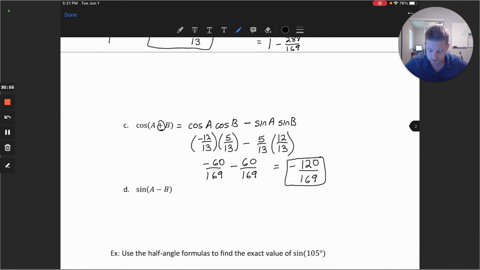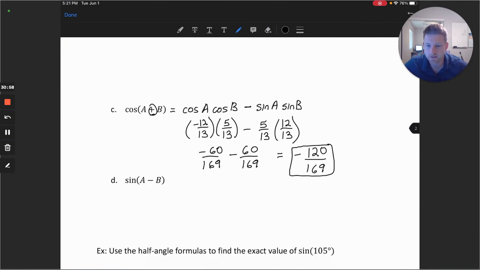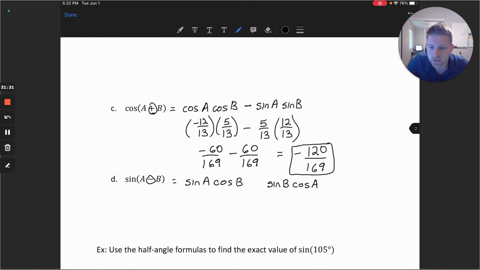Let's take a look at the sine of A minus B. Whenever we work with sines, we're always going to have the sine of A, cosine of the other angle B, and then we'll do the opposite, which is the sine of B and then the cosine of A. And again, here we have a minus sign in between.